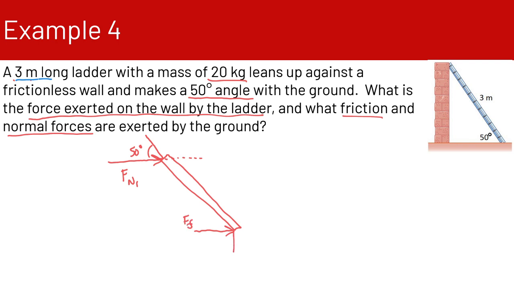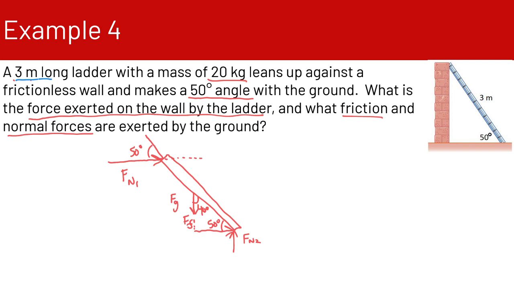And then this force is our normal force 2, the normal force against the ground. This is the friction force. And then we have the weight of the ladder, so this is FG. And this angle here, since this makes a right triangle and this is 50 degrees, has to be 40 degrees.